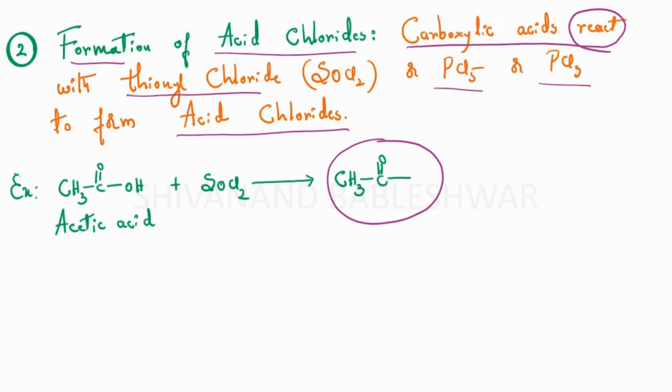So if I write here Cl, it becomes acetyl chloride, along with the formation of a side product, that is evolution of sulfur dioxide along with the formation of HCl. Now this is called acetyl chloride.